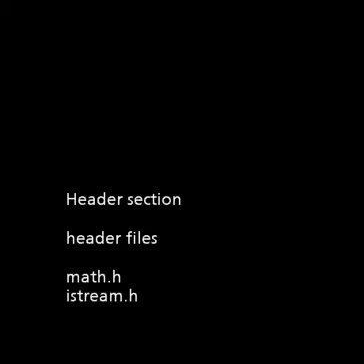This is the header file that takes your input. The ostream is the header file that takes your output. There is another one which includes both input and output, called iostream.h, and most of our programs will use this one, iostream.h.